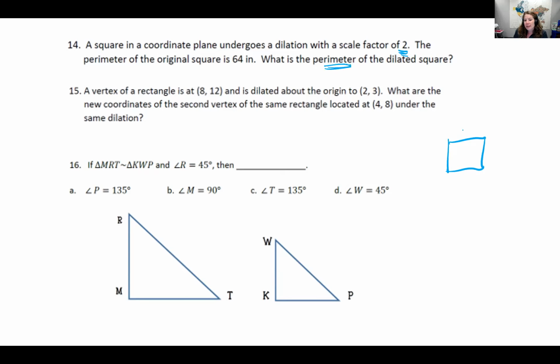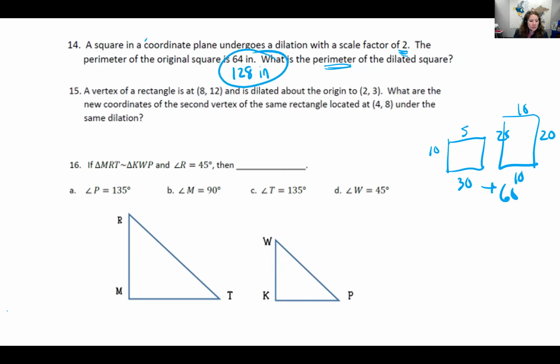Let's say this is 5 and this is 10. Well, the perimeter would be 10 plus 10 is 20, plus 5 plus 5, this would be 30. If we double the size, 10 and 10 and 20 and 20, our new perimeter is 60, right? So it doubles. So all we're going to do for perimeter is double 64. So 64 doubled is 128 inches for perimeter.